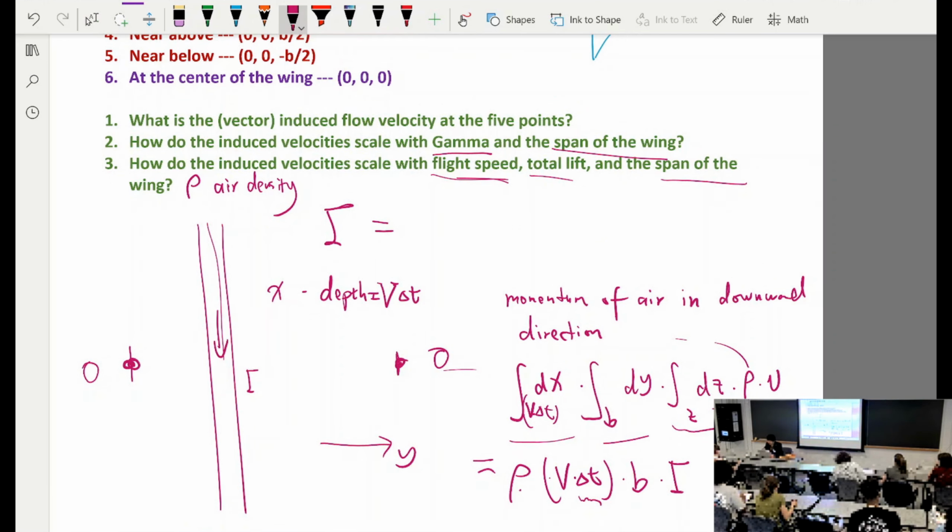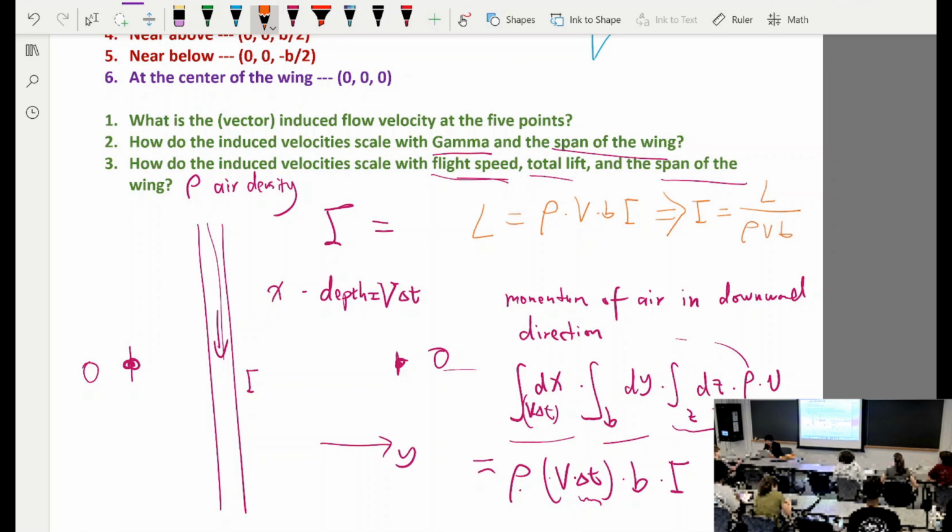If I divide this by delta t, my lift is rho V b gamma, right? So that means my gamma is equal to my lift divided by rho V b.